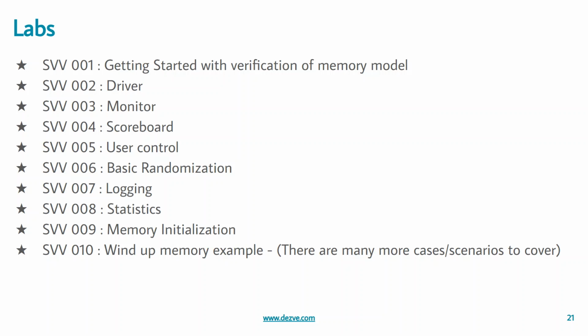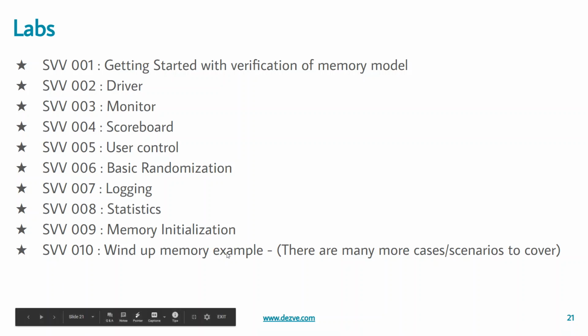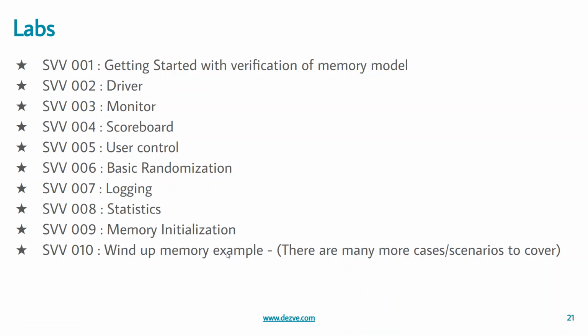We'll see how this impacts our existing test bench, and then finally we'll refine our test bench to work with all kinds of memory initialization, and then wind up this memory example at that point. One thing to note here is that there would be many more cases or scenarios which we could have covered, but this is again just to give you a brief overview of all the steps or concepts that are present, to make you familiar with the idea.